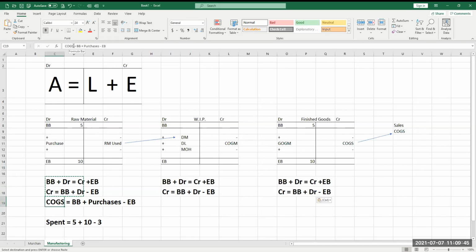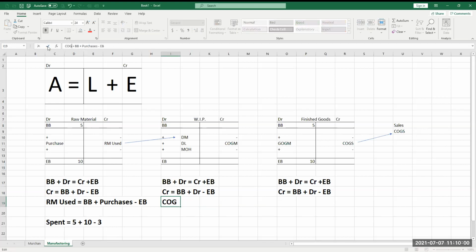In this case, we're going to have raw material used. Here we're going to have cost of goods manufactured, which will be equal to beginning balance plus direct material plus direct labor plus manufacturing overhead.